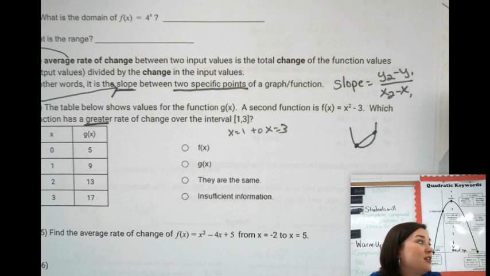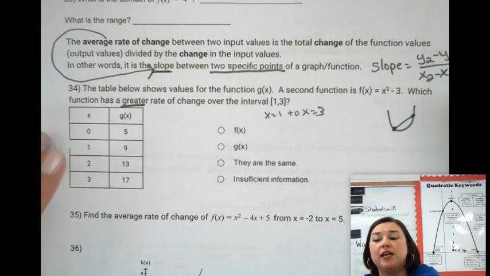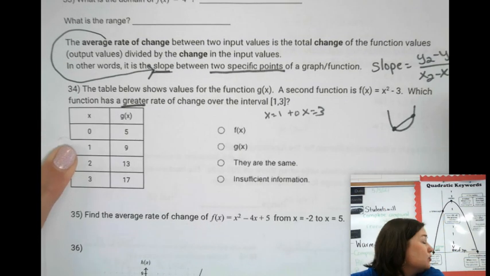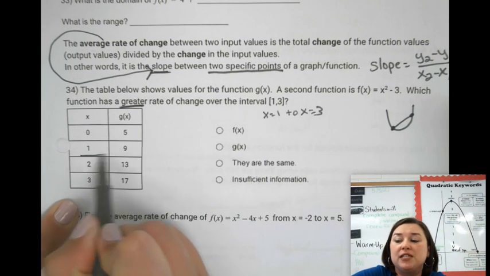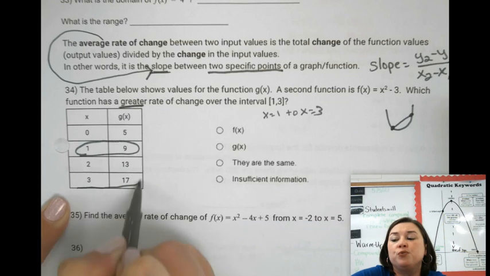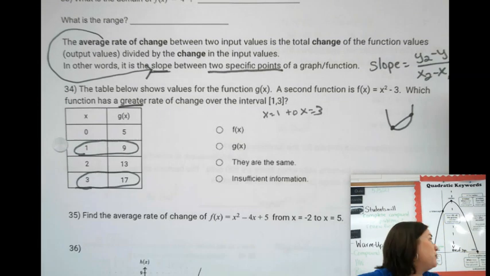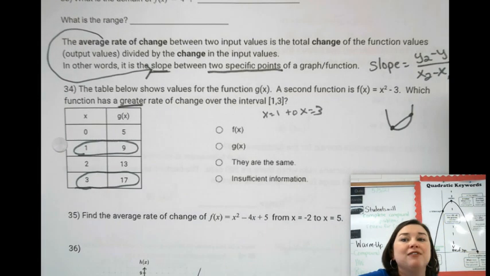So you got to find the slope between the 2 points that have x equals 1 and x equals 3. So looking at this one right here, the point that has x equals 1 is 1, 9, right? And the point in the table that has 3 is 3, 17. So we're just looking at these 2 points. We don't care about anything else in that table for this problem. I've just got to find the slope between those 2 points.